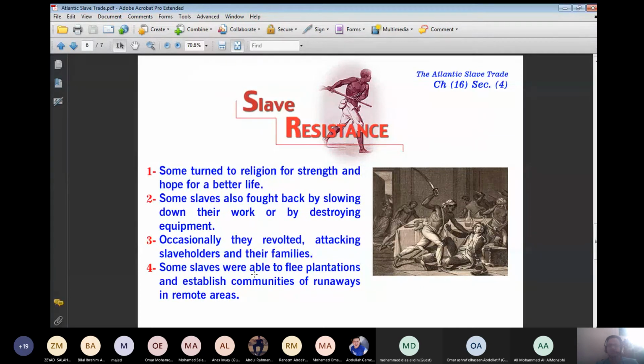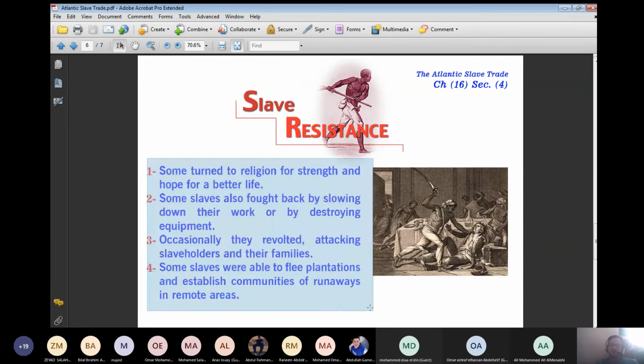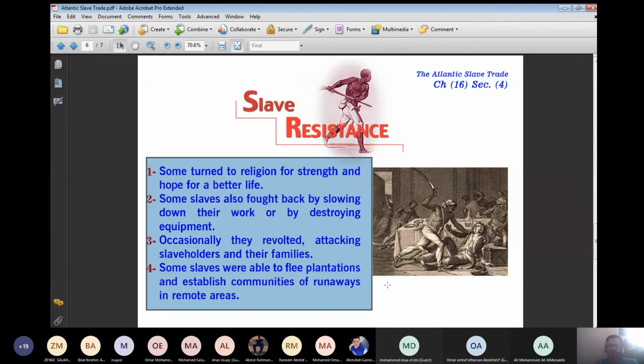Some slaves, like your friend said, tried to escape. Some slaves were able to flee plantations and establish communities of runaways in remote areas. So these are the four examples, guys, of slave resistance. Keep it in your mind because it's an important issue.